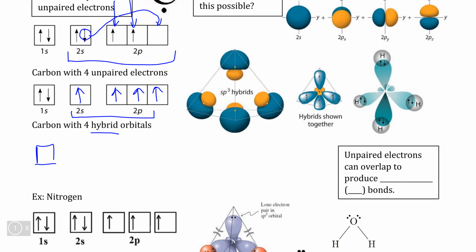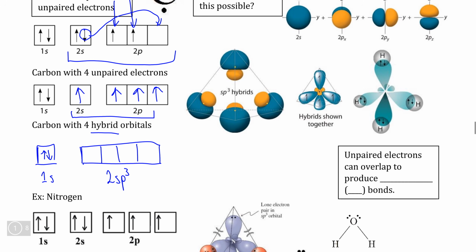So if we redraw carbon's orbital energy diagram, again, the 1s subshell is not affected because these are the core electrons, but if we redraw each of these subshells as a single unit like this, that would mean that all of these orbitals are now at the same energy level. And this hybrid, this amalgamation of the 2 subshells, is what we call the 2sp3 hybrid subshell.